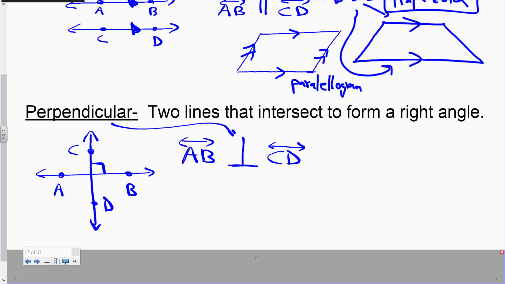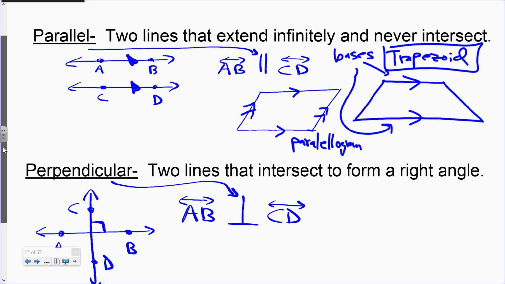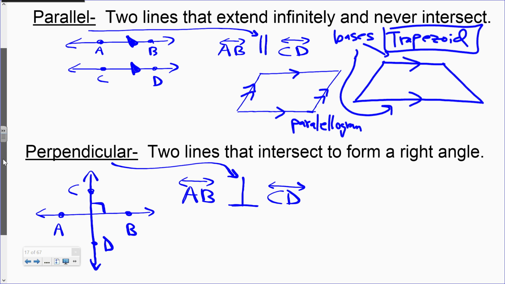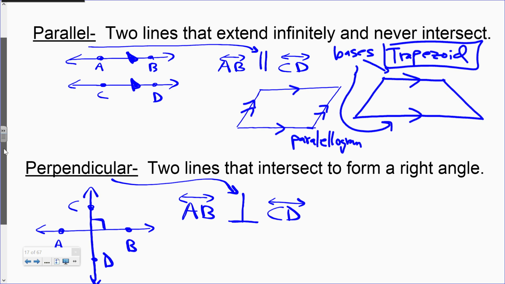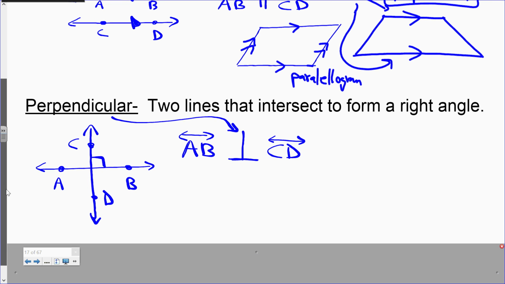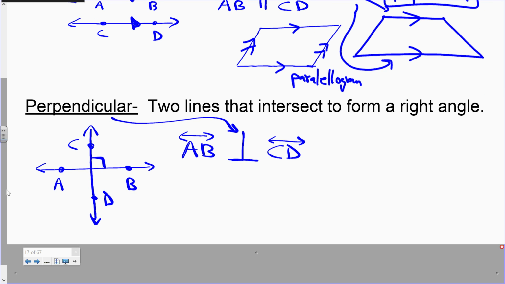So the perpendicular symbol is this upside down T. So parallel versus perpendicular, get them right in your mind. Parallel means two lines never intersect. Perpendicular means they intersect to form a 90-degree angle. Pretty straightforward, I trust. Pretty clear, I trust.